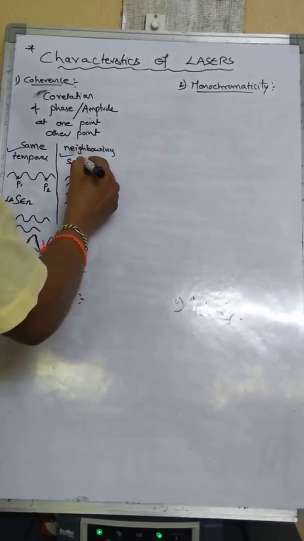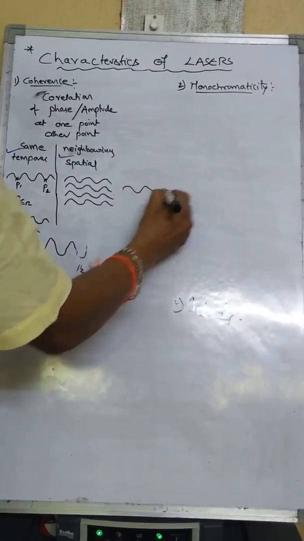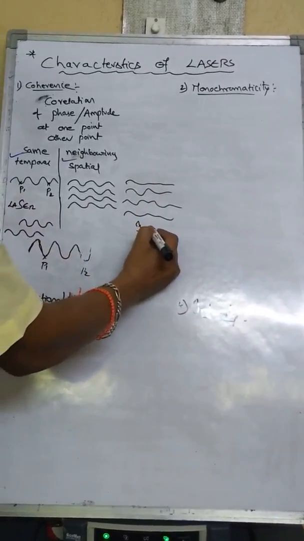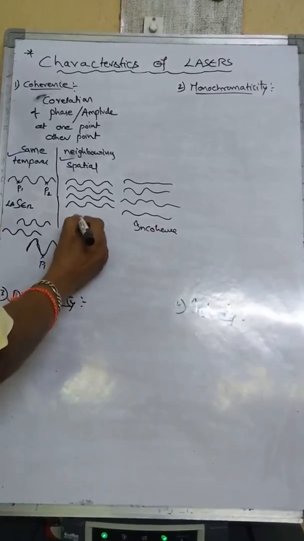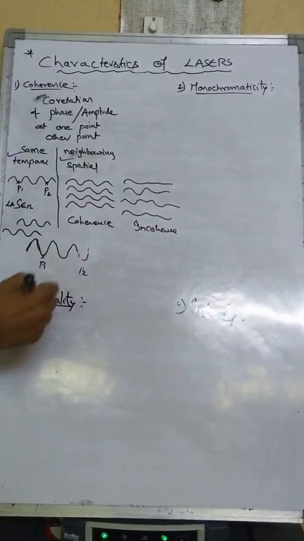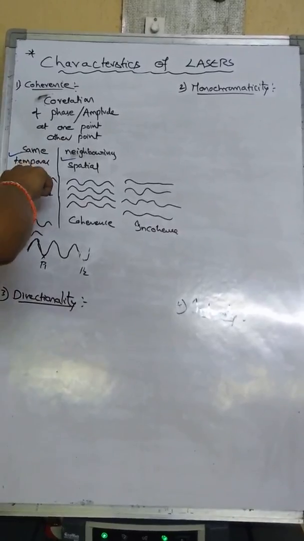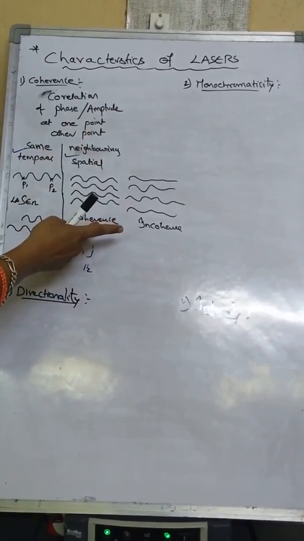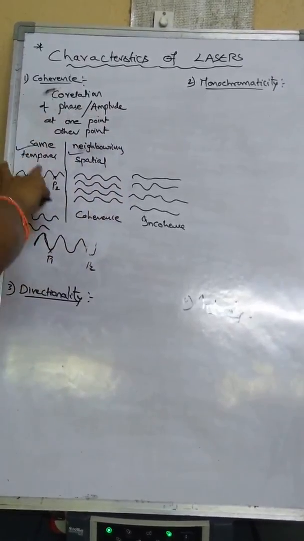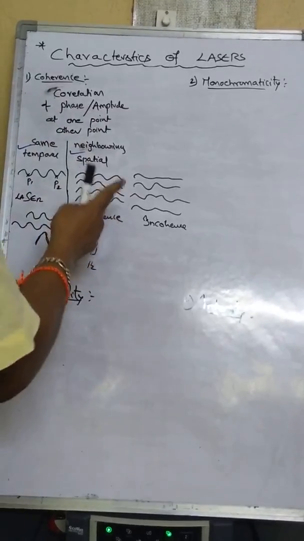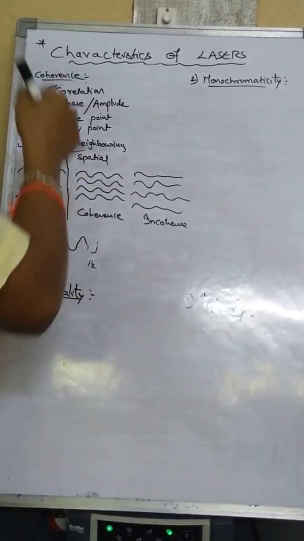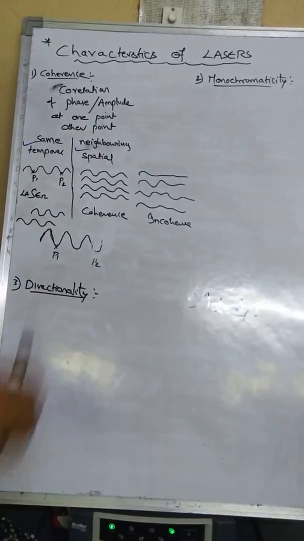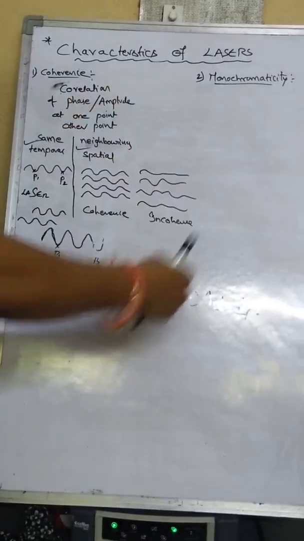And this is incoherence, and this I will write as coherence. So this laser light maintains temporal coherence due to stimulated emission, and spatial coherence is also maintained by the laser beam due to stimulated emission. As it maintains both temporal and spatial coherence, the laser beam is highly coherent, which is an important characteristic that leads to the remaining characteristics.